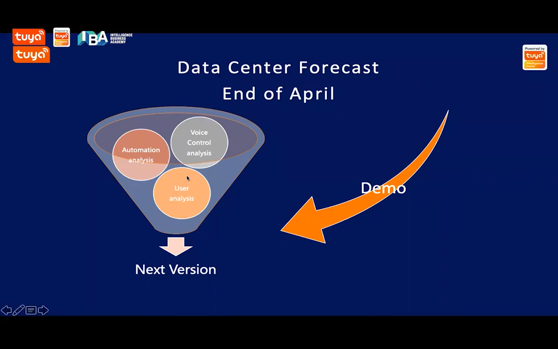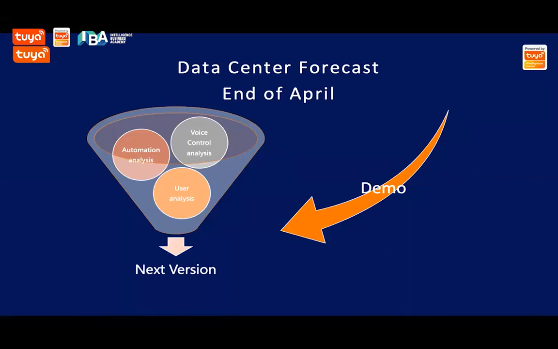And for user analysis, there are 2 dimensions for user analysis. The first one is for app, like how long the user has been registered and how long has it been activated like this. And the other side is the product side, like how many devices does the user have.